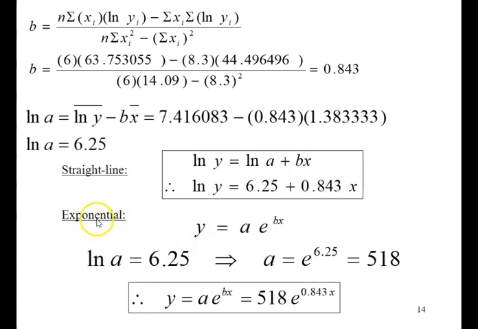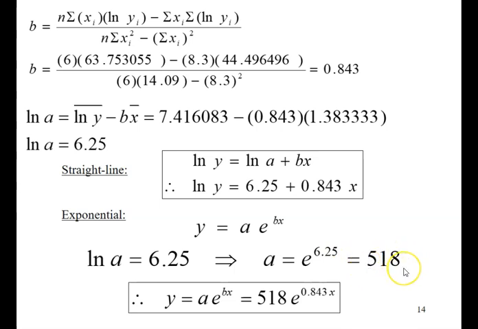In the nonlinear exponential model, the equation is y equals a times e to the bx. How do you calculate your a? It's simply that ln a equals 6.25, so a equals e to the 6.25, which equals 518.